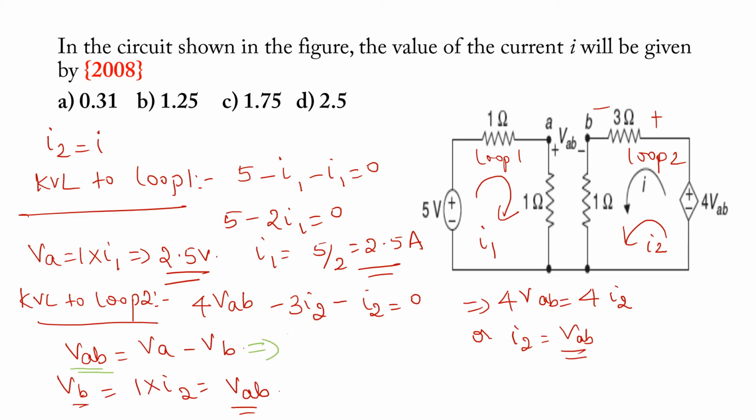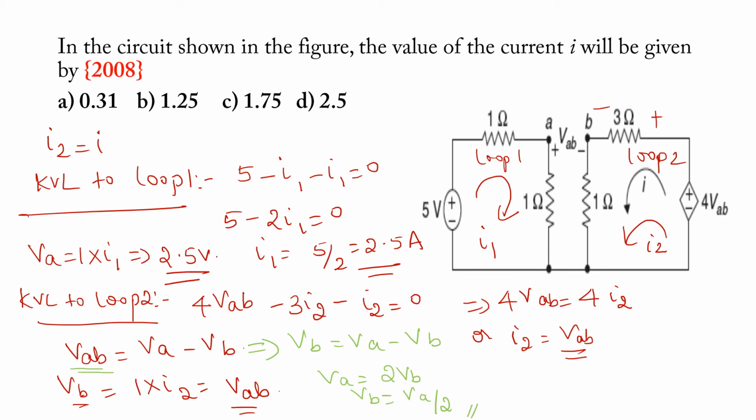So this equation we can write as VB equal to VA minus VB, or VA is nothing but 2 VB, or VB is equal to VA by 2.